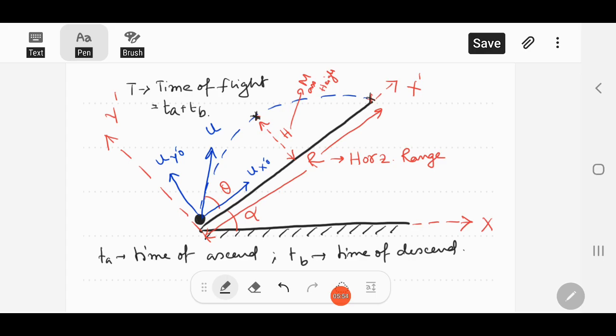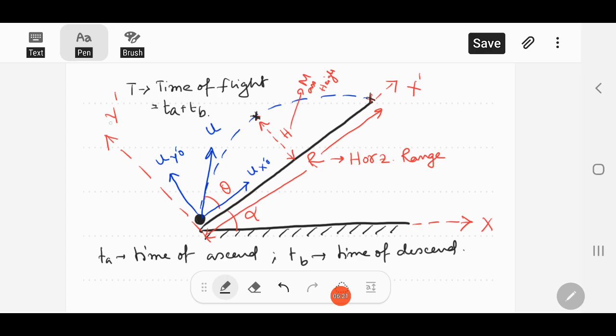So moving on to the analysis. Let's brief it once again. We are considering an object situated on an inclined plane. The inclined plane is at an angle alpha with the actual horizontal. Along this inclined plane we take x dashed as the shifted horizontal axis, and a perpendicular axis to x dashed which is y dashed.